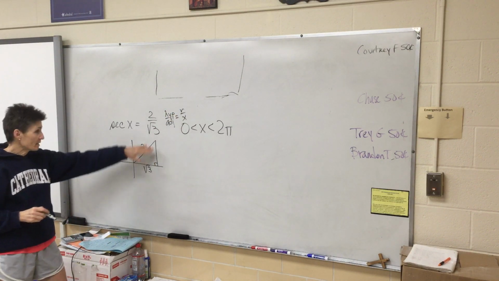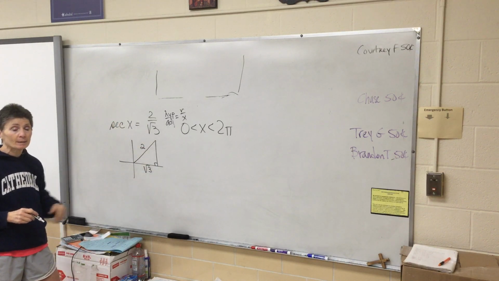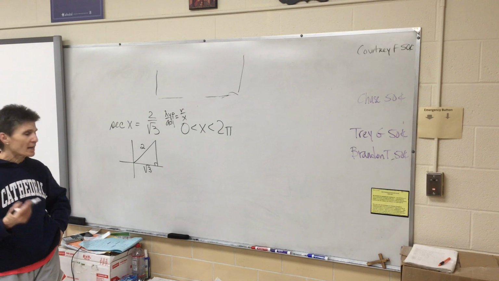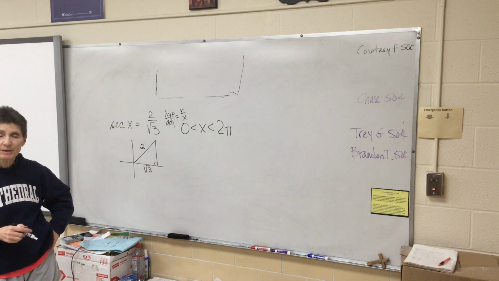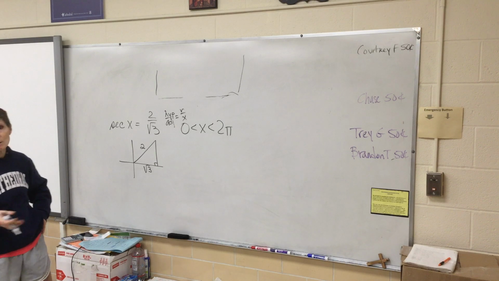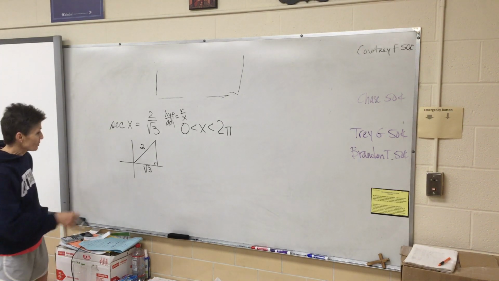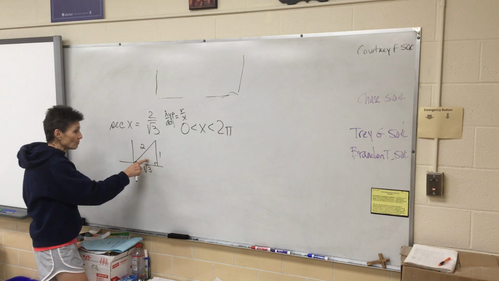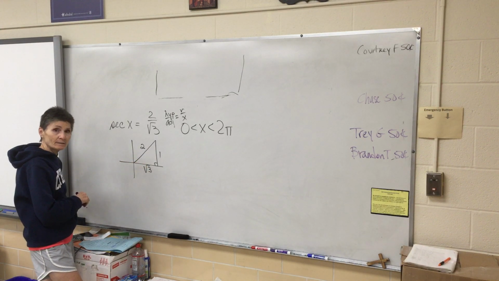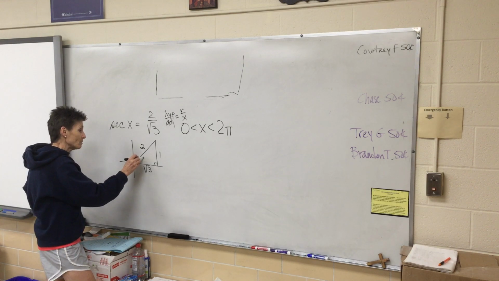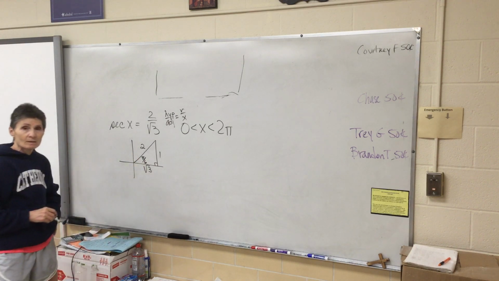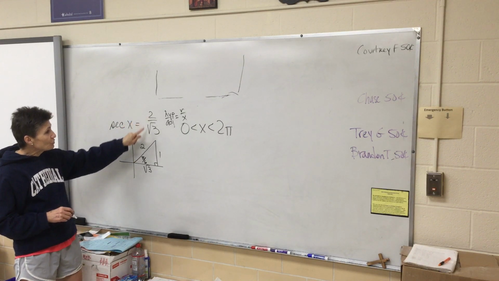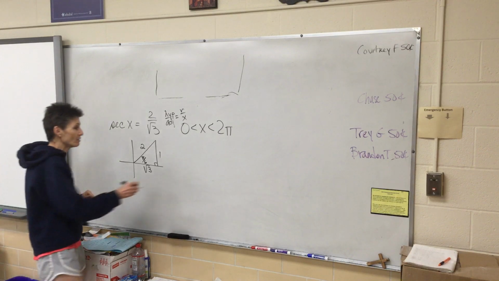R over x, if you think of this as a big circle. That's a special right triangle. If we're doing it without a calculator, which I can't remember if I told you or not, we're doing this without a calculator. If we're doing it without a calculator, it has to be one of our special angles. So here's our 30, 60, 90 triangle. And across from the 1 is 30, or pi over 6. So the angle that has a secant of 2 over root 3 is pi over 6.